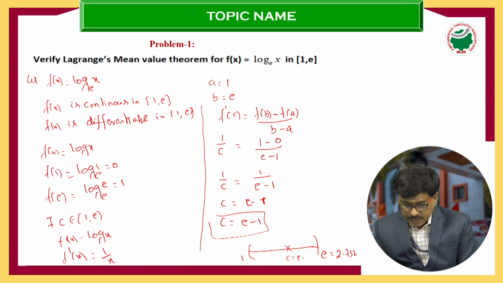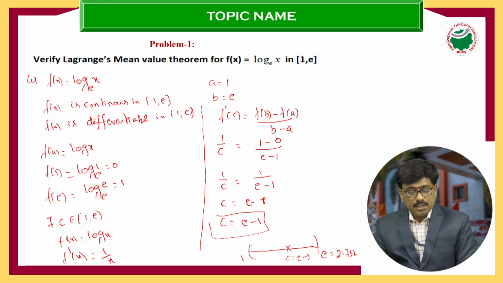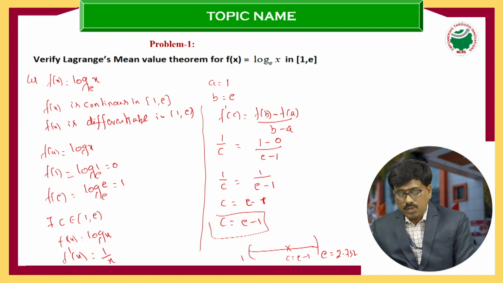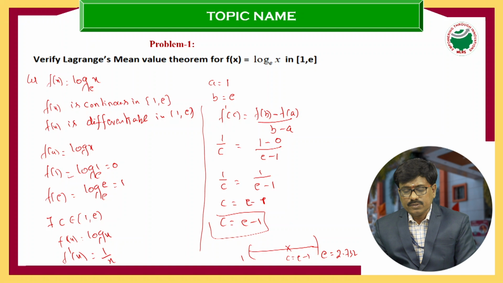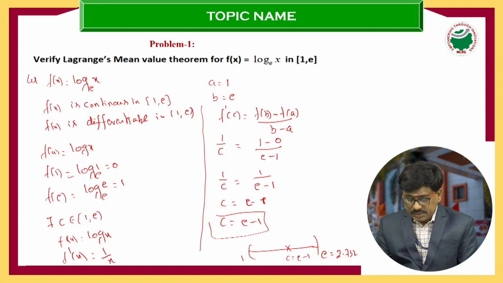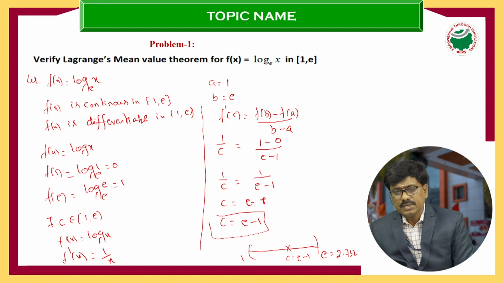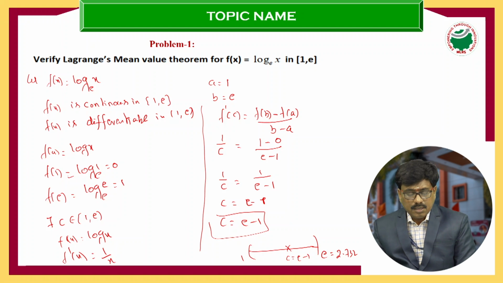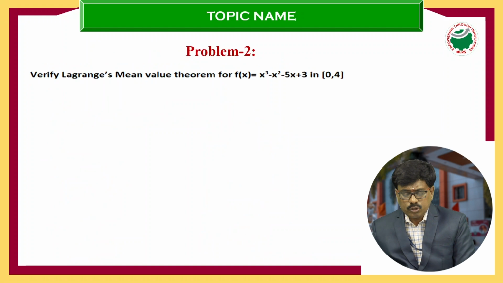Therefore, f of x equal to log x satisfies Lagrange's mean value theorem, where the c value lies between 1 comma e, with c equal to e minus 1. This is example problem number 1. Let us go with one more problem.